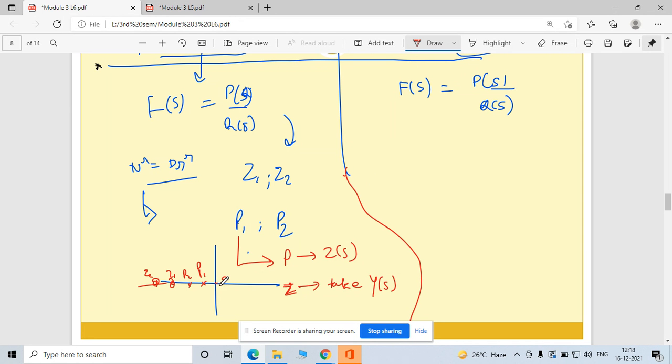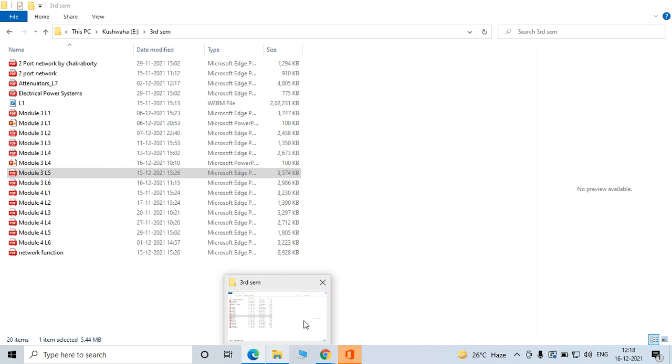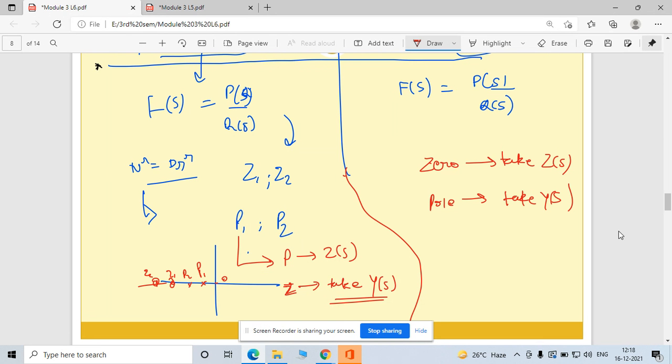When the zeros are nearer to the origin, then you have to take Y of S for this Cauer 1 circuit. And the same way, when the zeros are critical, meaning nearer to the origin, you have to take Z of S for this function. And when the poles are nearer to the origin, or you can say when the poles are critical, then you have to take Y of that function. Okay, simple. Did you understand this point?